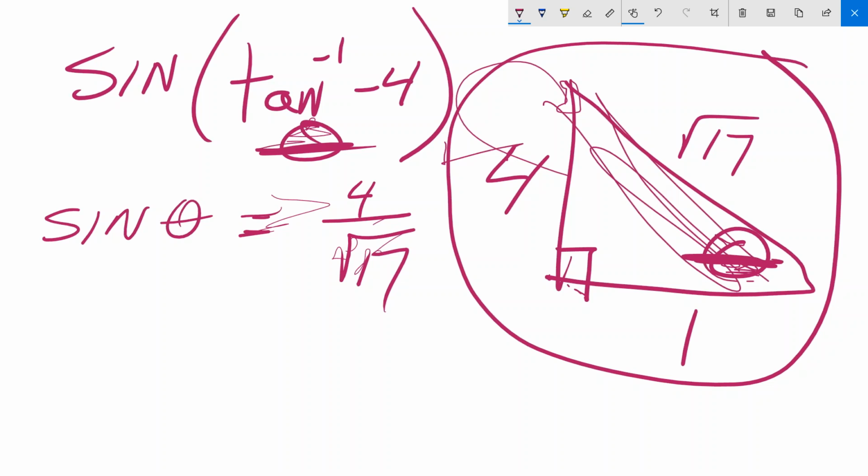Okay. In trig, most of the time, you can get away without rationalizing the denominator. And the reason is that sine of theta might be the first question, but the next question might be, what is the cosecant of theta? And the cosecant is just the reciprocal.